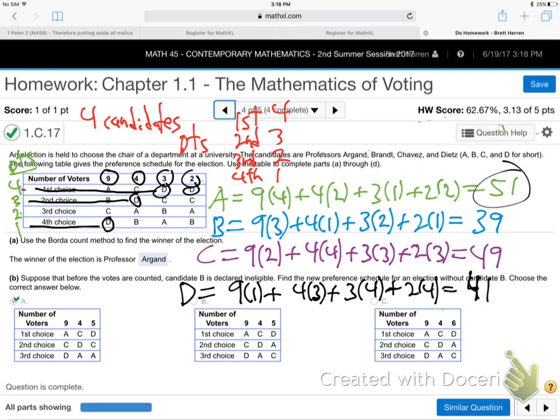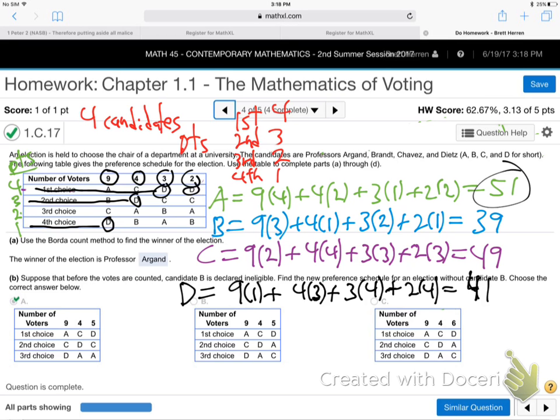So everybody making sense out of this chapter so far? We're going to have 4 different ways of determining the will of the people. Right now we just have 2: Plurality and Borda count. Plurality just considers what? First place, right? It doesn't matter your second, third, fourth.